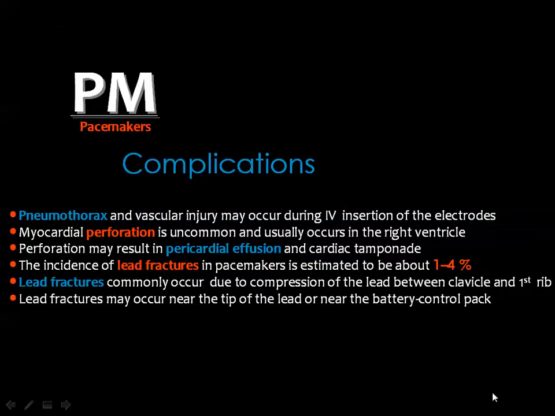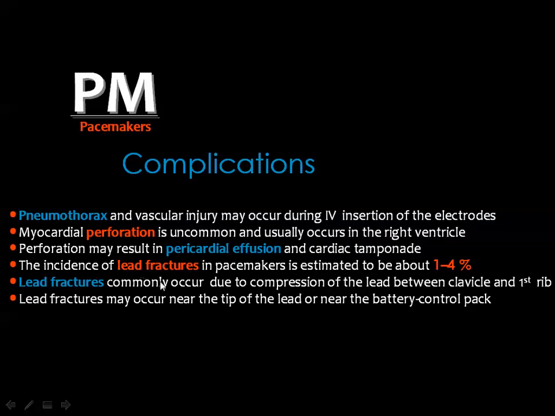And the complications of pacemakers include the development of pneumothorax or vascular injury during insertion. Myocardial perforation is uncommon, but it usually occurs in the right ventricle. Perforation may lead to pericardial effusion and even cardiac tamponade.